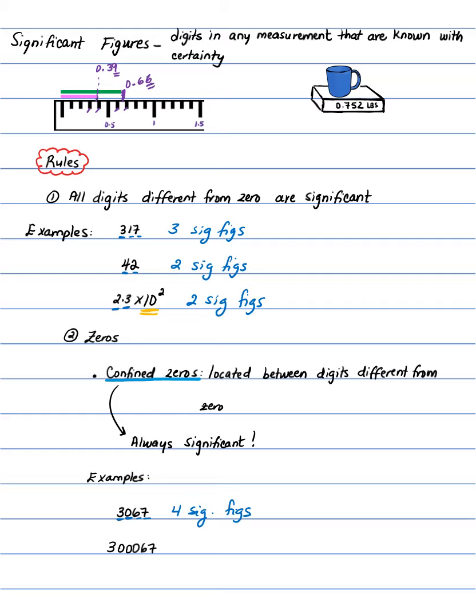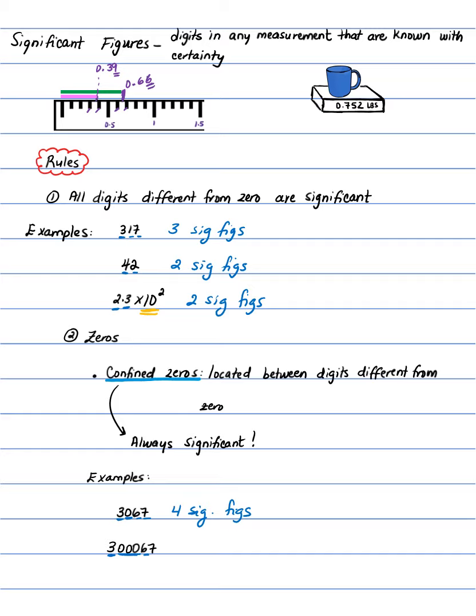Now in the second example, I'm using a very similar number. That's your first significant figure, the 3. And then you have all of these zeros here between the 3 and the 6. All of those zeros are confined zeros. All of them are between your digit 3 and your digit 6, so all of them are counted as significant figures. So for that last example, the 3, the 6, and the 7 are significant.